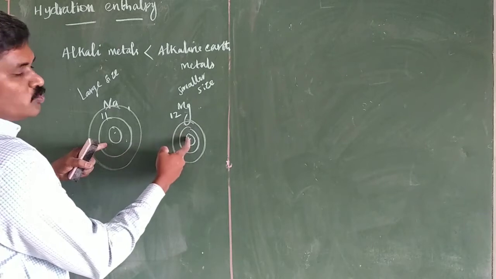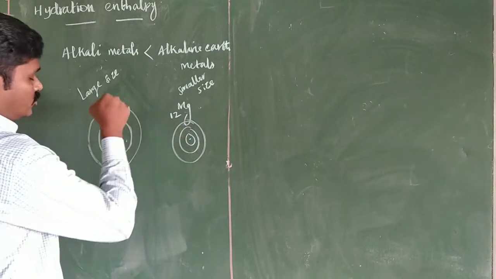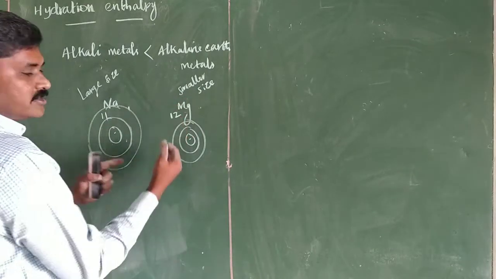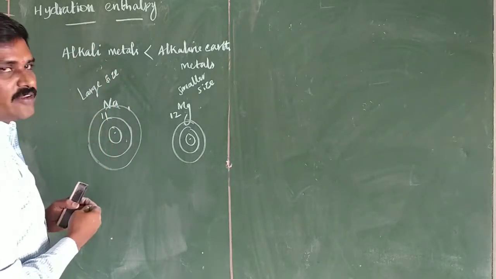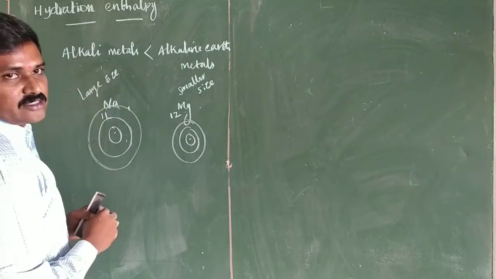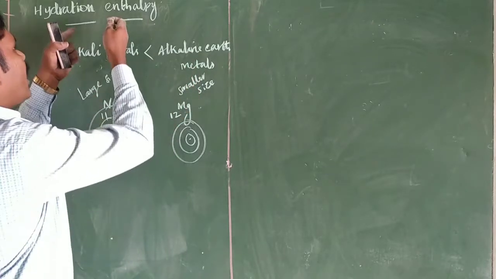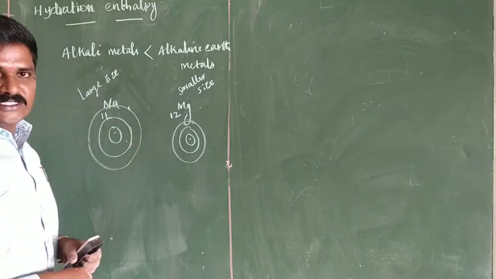So the size is smaller: magnesium is smaller than sodium. Smaller ions have a higher hydration enthalpy than larger ions. So alkaline earth metals, having smaller size, have higher hydration enthalpy than alkali metals.